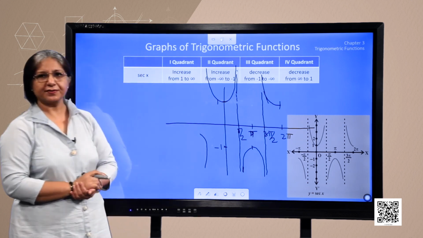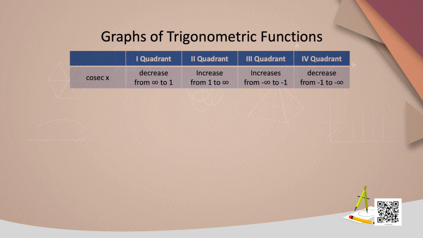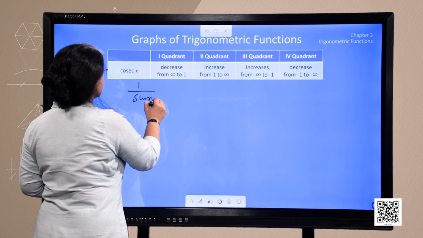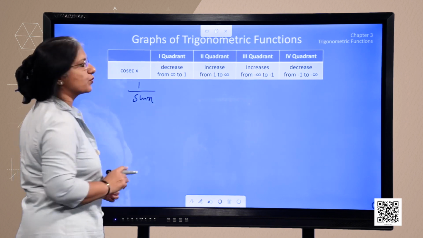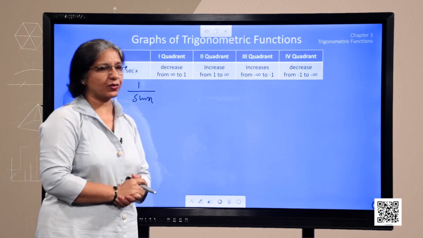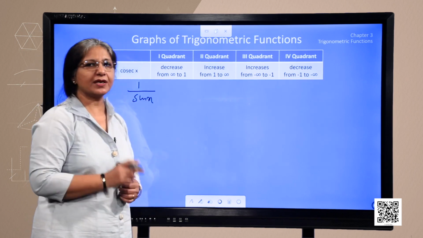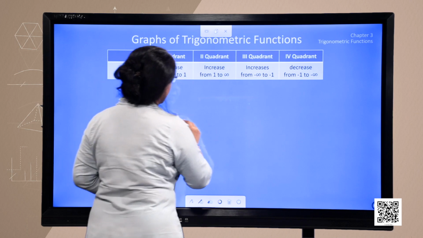the similar pattern. Now, for cosec x, if we draw the graph, as you know, cosec x is 1 upon sin x, and for cosec x to be defined, sin x should not be equal to 0, and for sin x not equal to 0, x should not be an integral multiple of pi.